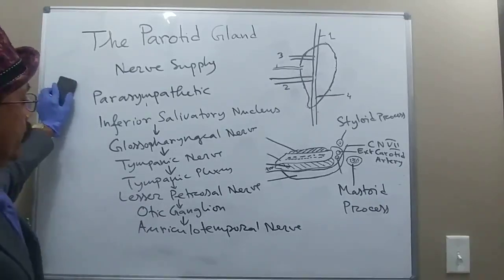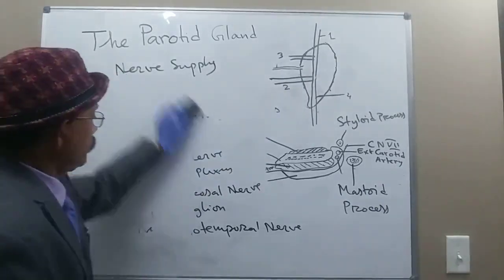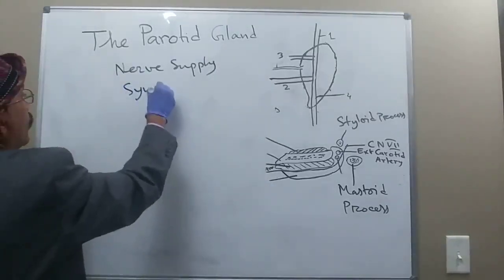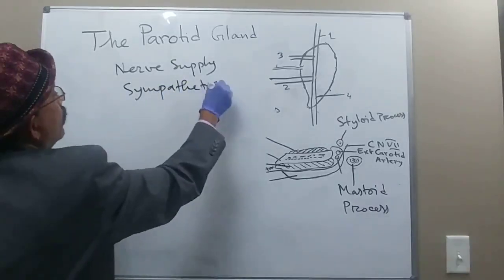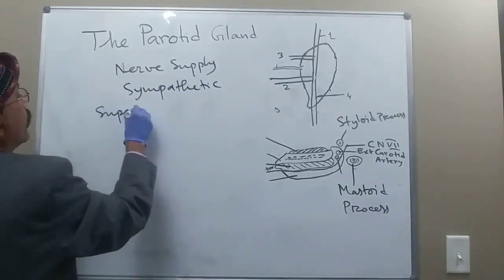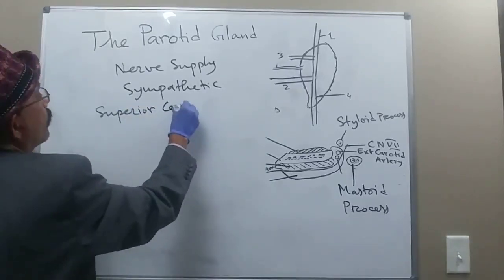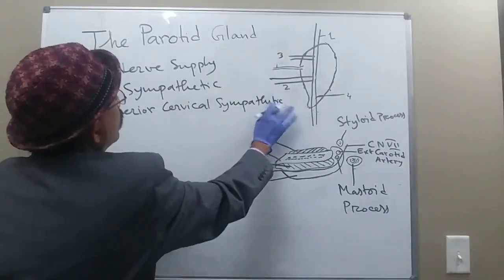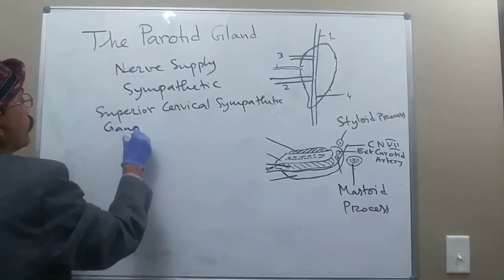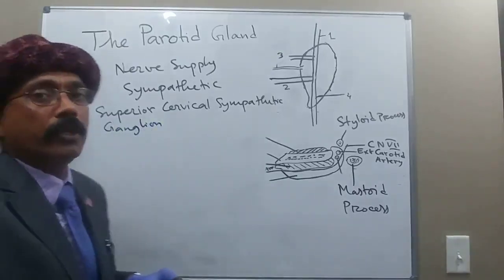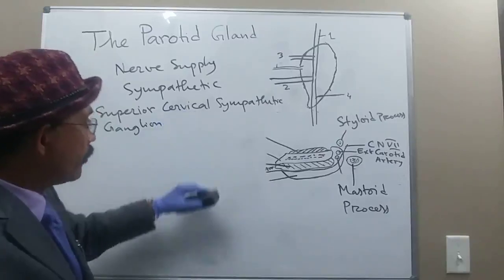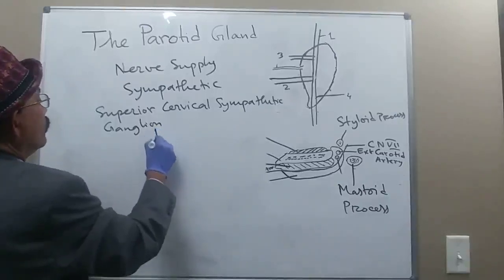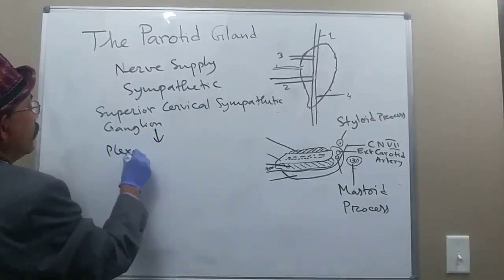How about sympathetic? Sympathetic again will go to the superior cervical sympathetic ganglion. Here we will have preganglionic neurons, and from here we will get the postganglionic fibers.